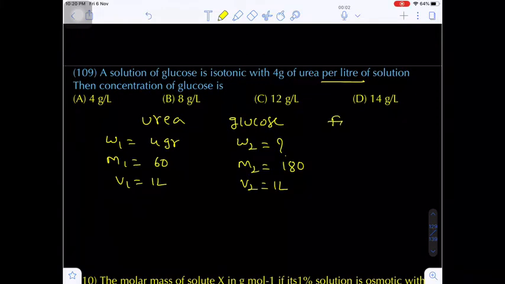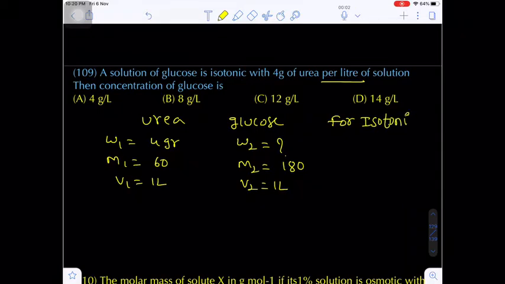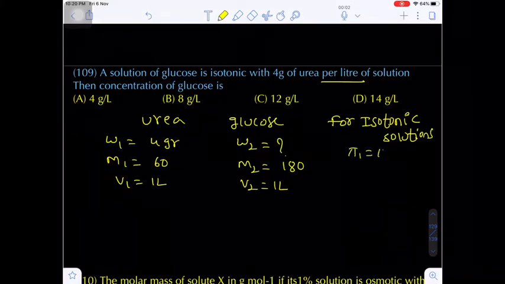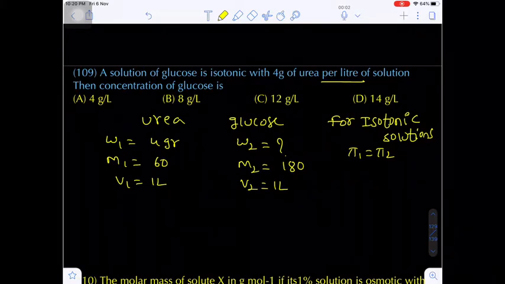Do you know, for isotonic solutions, the necessary condition is that the osmotic pressure of the two solutions must be the same. So osmotic pressure will be equal to i into C into RT.